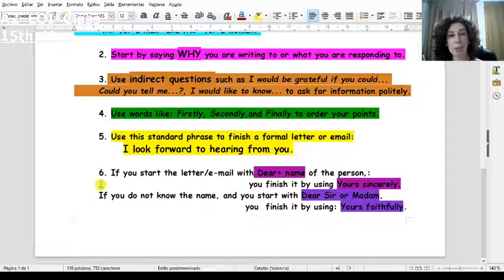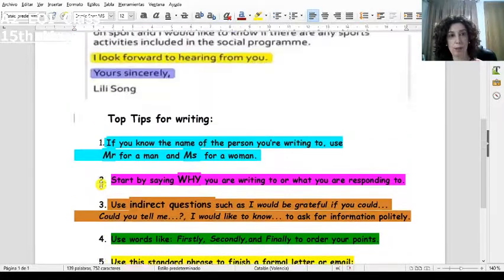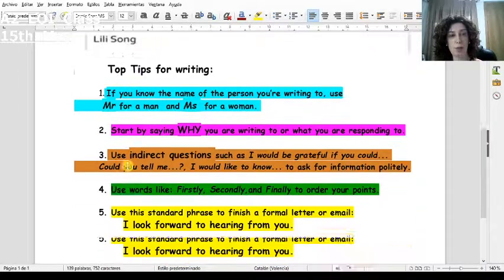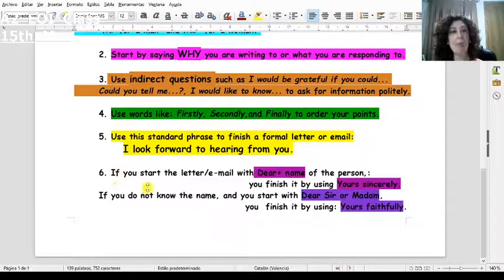And the last one, 6. Here it is, yours sincerely. If you start the letter or the email with dear and the name of the person, in this case we do know the person, Dear Miss Black, ¿vale? If we do know, you finish the letter or the email by using yours sincerely.